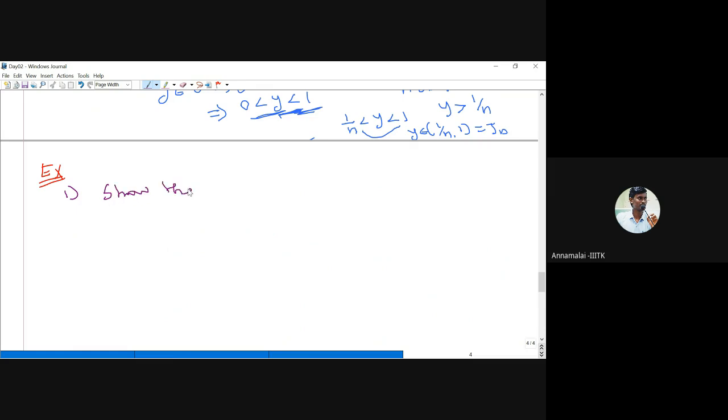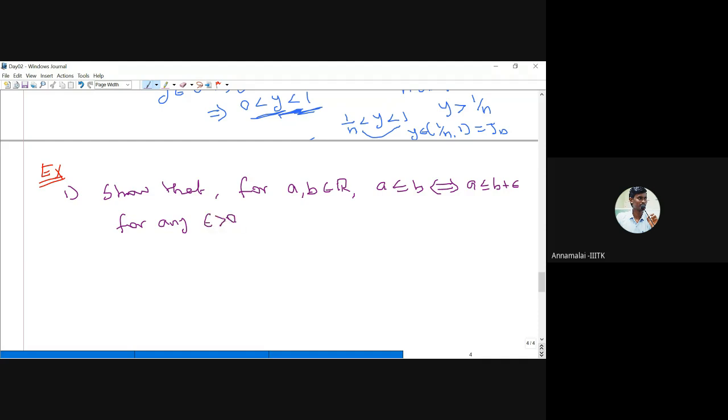Show that for a, b in R, a is less than or equal to b if and only if a is less than or equal to b plus epsilon for any epsilon greater than 0.